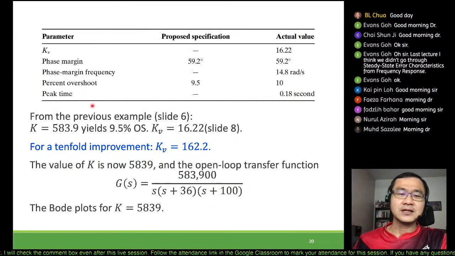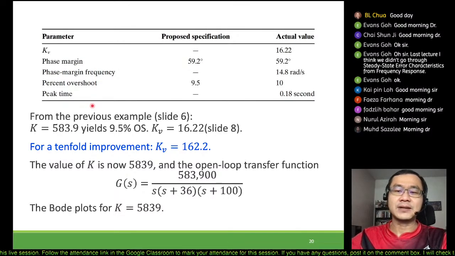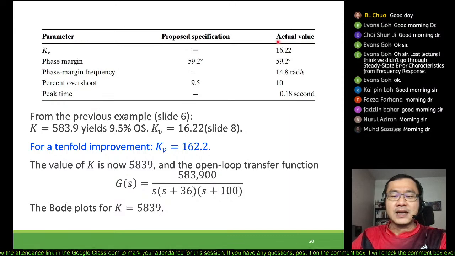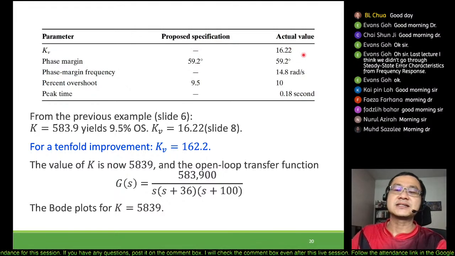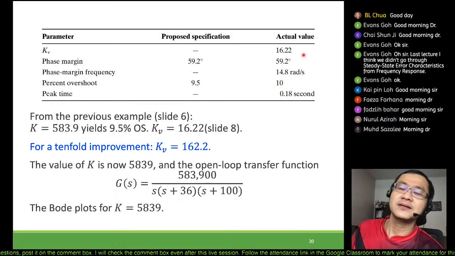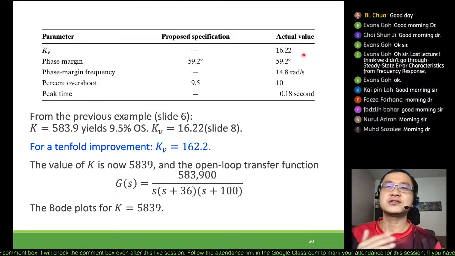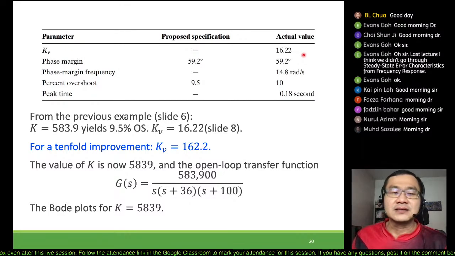Same problem, we extend from that particular problem now. From the previous value, we already got the Kv value, which is 16.22. If you recall, it's 16.22. You can always refer back to the previous slides.